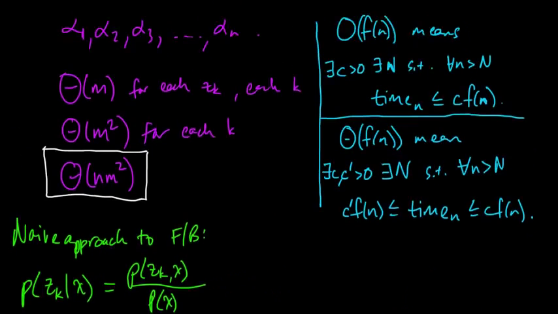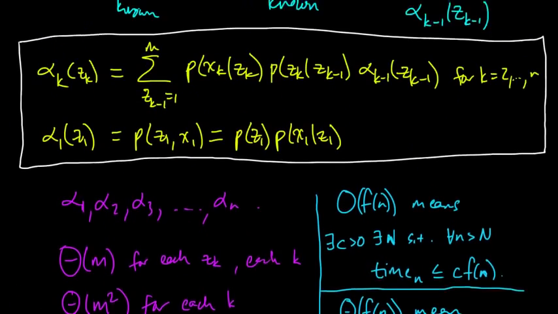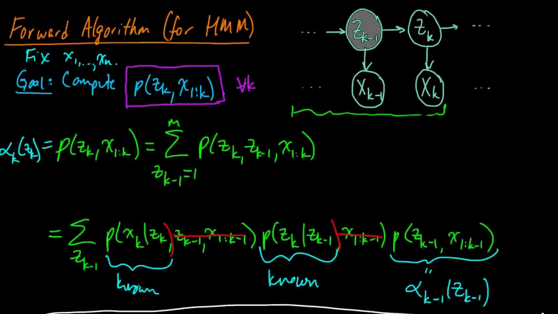And what made this possible, right? How did we achieve this stunning reduction in the computation? Well, the basic idea is the basic idea of dynamic programming. The basic idea of dynamic programming is that you're reusing things which you have already computed.